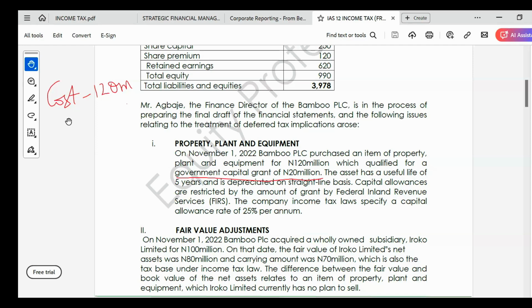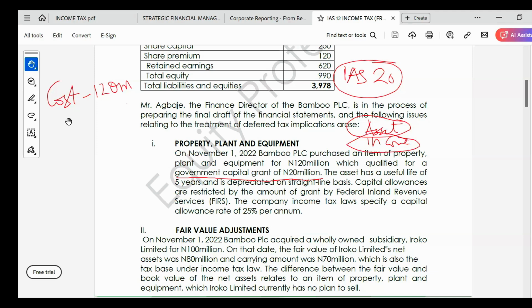All right. Now, the standard IAS 20, in case you are still not understanding what I'm talking about, they said government capital grants. You should, of course, think of IAS 20. IAS 20 recommends two methods: the asset method and the income method as well. All right. So I'm just going to assume the asset method. And it does not mean that if I do the income method, it will not have the same effect.